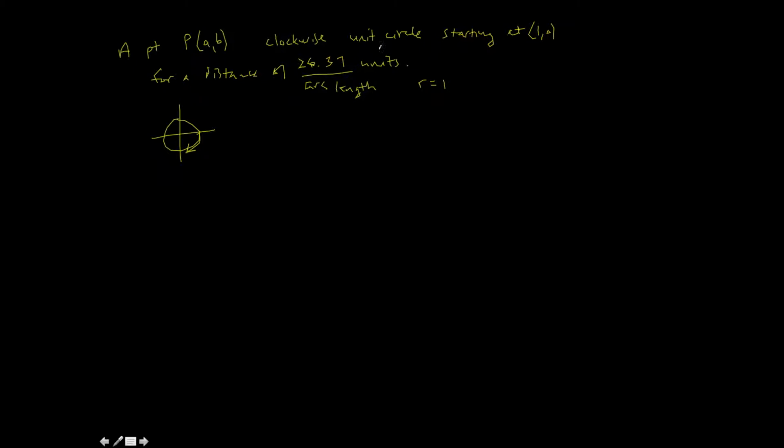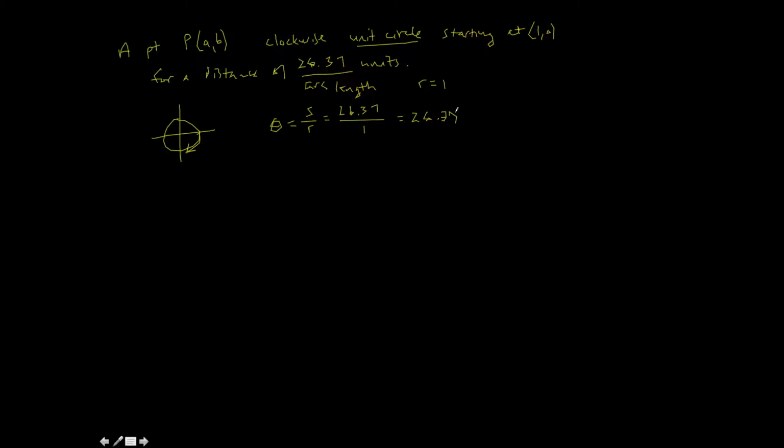So we can use the arc length formula to find the angle, and then use the angle to find the point. The arc length is 26.37 and the radius is 1, so 26.37 would be your angle.